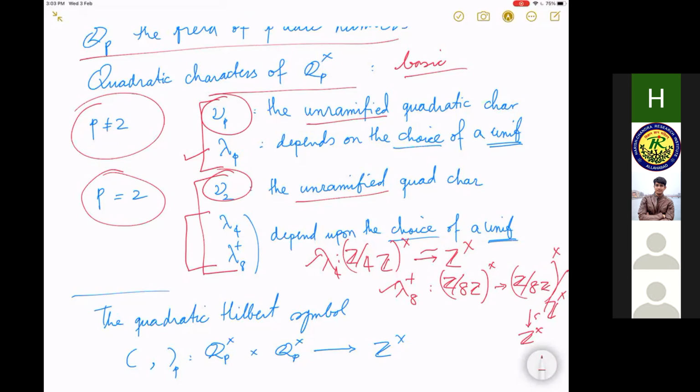So you can take the prime number P itself to be the uniformizer, and everything is fine, right? But somebody could choose a different uniformizer, like minus P, for example, and nothing will go wrong if you choose minus P either. But what you call lambda P will be a different quadratic character from what you call lambda P if you had chosen P as the uniformizer.